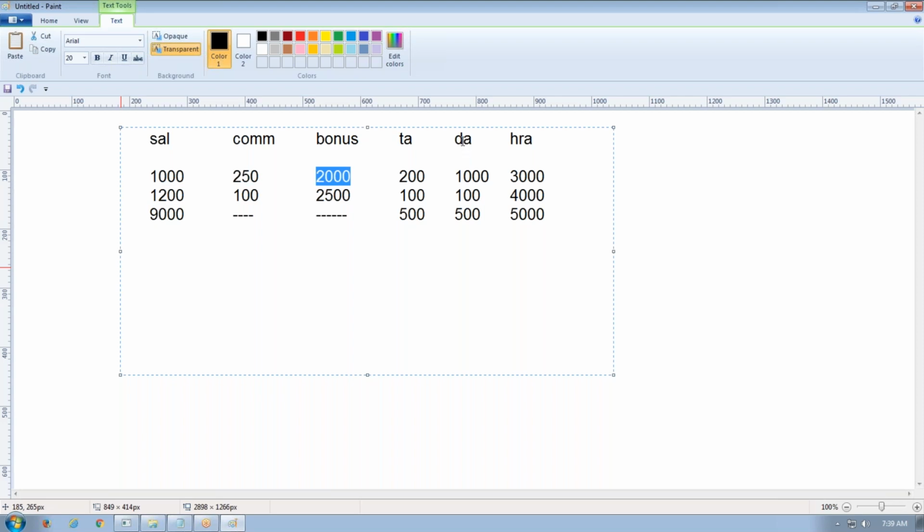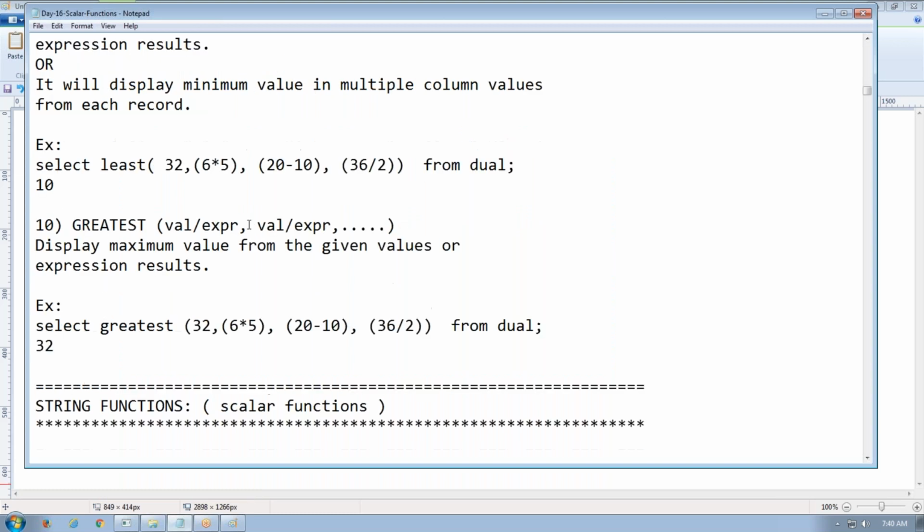Yes. So if you want to find the minimum value from given values, expressions, or column values, use least. Whereas if you want to find the highest value from the given values, expressions, or column names, use greatest.